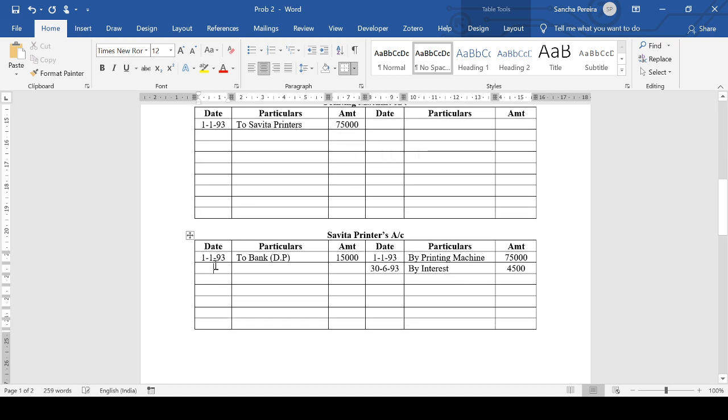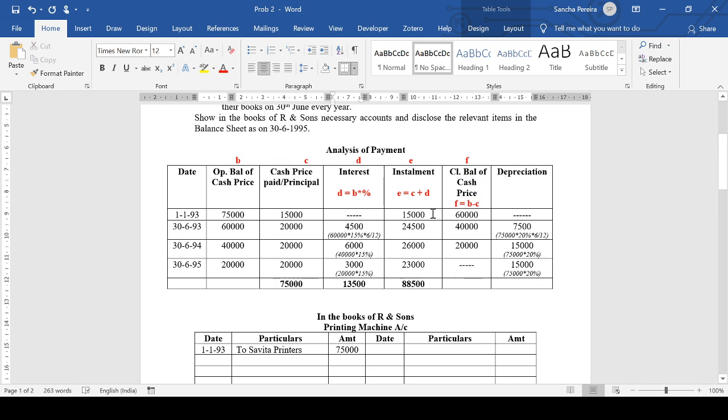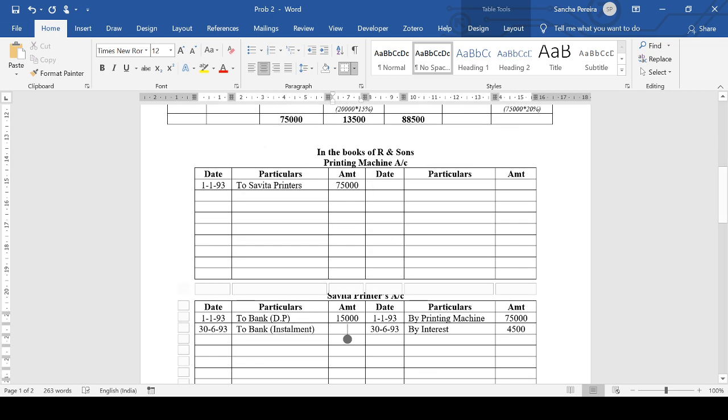On 30th June 93, we will have to bank, and right now we are paying the installment. And how much is the installment? Please be careful. We are looking at the installment, not the cash price, because when we are paying, we are not just paying the cash price. We are paying cash price plus interest. So it's going to be 24,500.